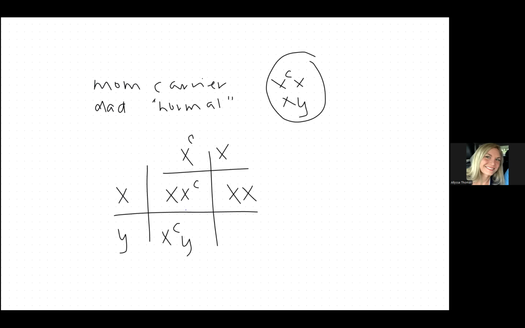And the next individual would be an XY, so that's a male that doesn't have color blindness. Every single time mom and dad reproduce, there is a 25% chance of having a male with color blindness. There's no chance of having a female with color blindness, but there is a chance for the male.